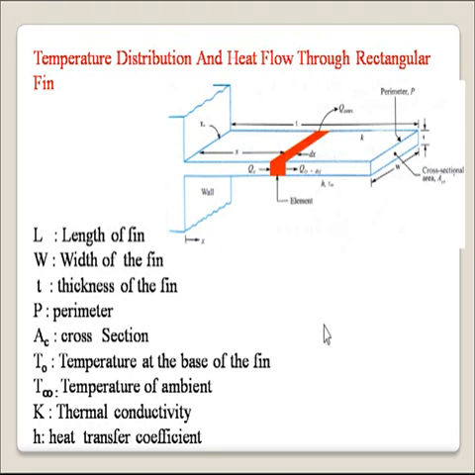To determine temperature distribution and heat flow through a rectangular pin, we will first obtain the general differential equation. For that, we will consider an element of thickness dx at length x and perimeter p.